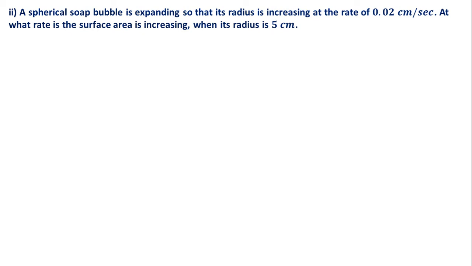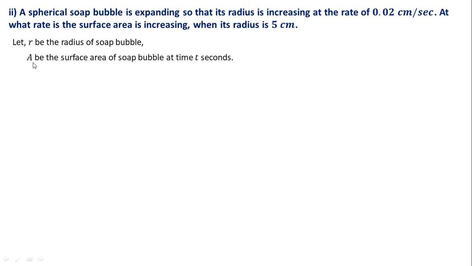radius is 5 centimeter. Now mathematically, first of all, we will consider that r be the radius of the soap bubble. Then we will consider A be the surface area of the soap bubble at time t seconds. Okay.